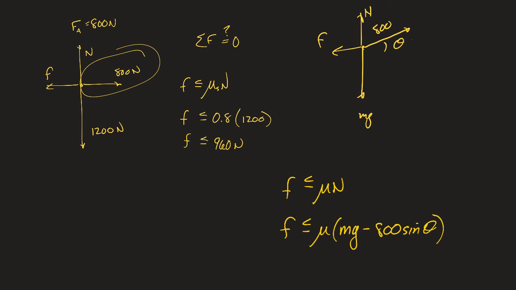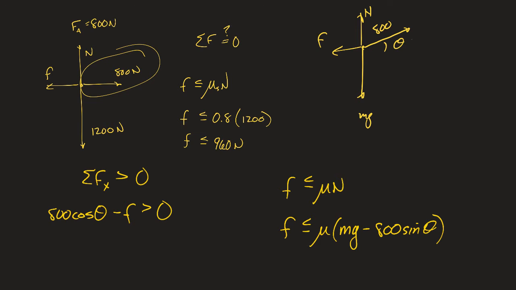I'm not sure if you guys understand what I'm asking, but we want the net force in the x direction to be greater than ma, or greater than 0. That means 800 cosine theta minus friction has to be greater than 0.